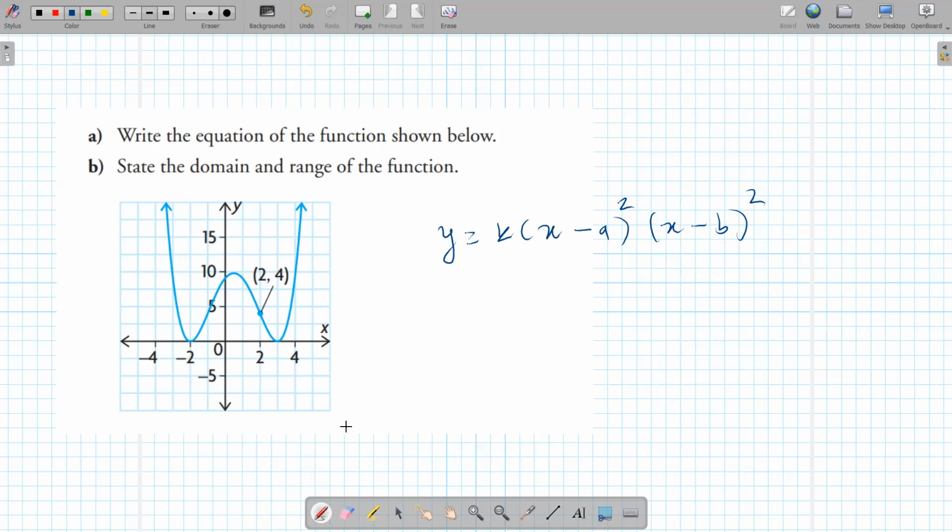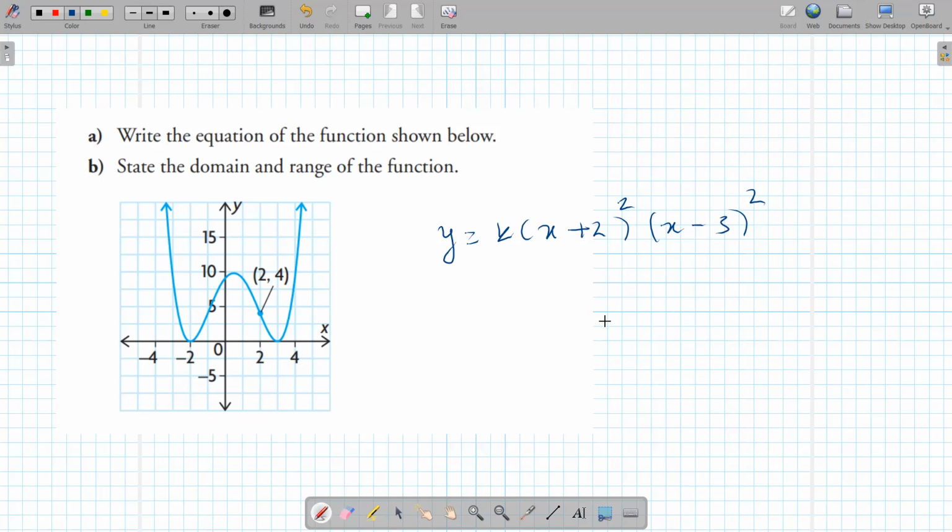A and b just mean the x-intercepts. A is 2. Yeah. And b is 3. So a is negative 2, which makes it x plus 2. B is positive 3, so it's going to be x minus 3, okay?